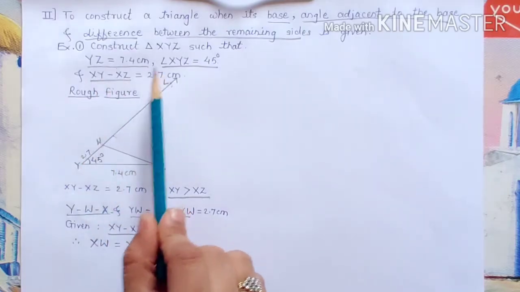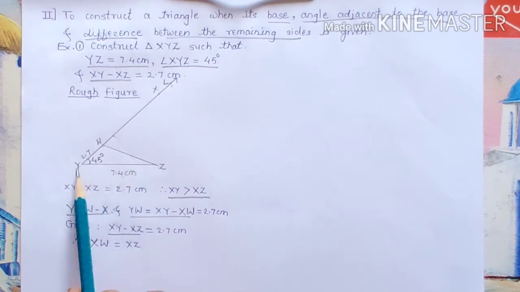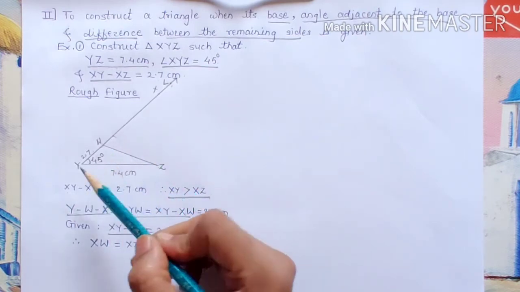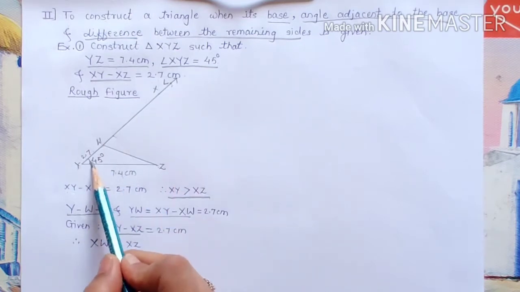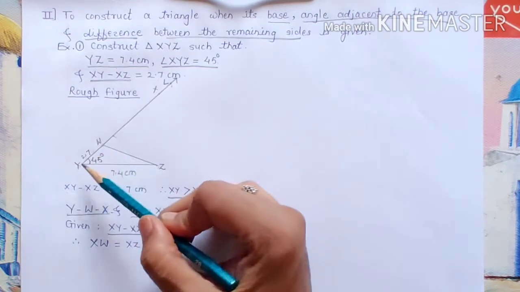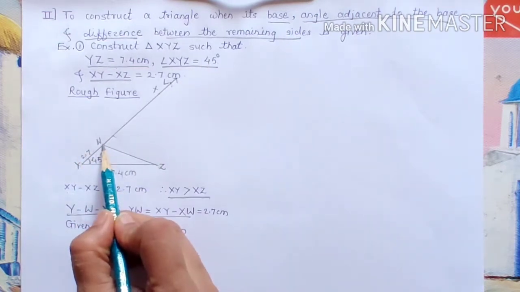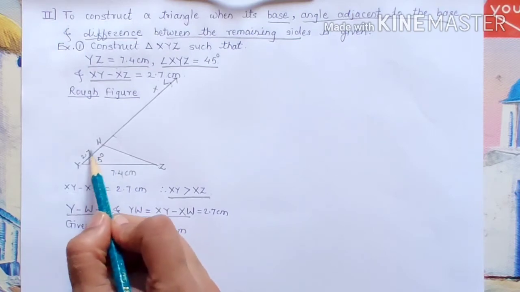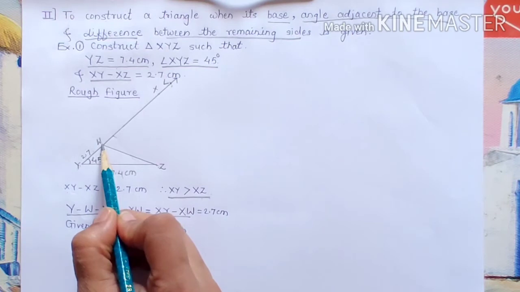As per the given information, I have drawn a rough figure here in which YZ is drawn. Then this is ray YL making an angle of 45 degree with this base YZ. On this ray YL, I have taken point W at a distance of 2.7 from Y. So the length of this segment will be 2.7 centimeter.